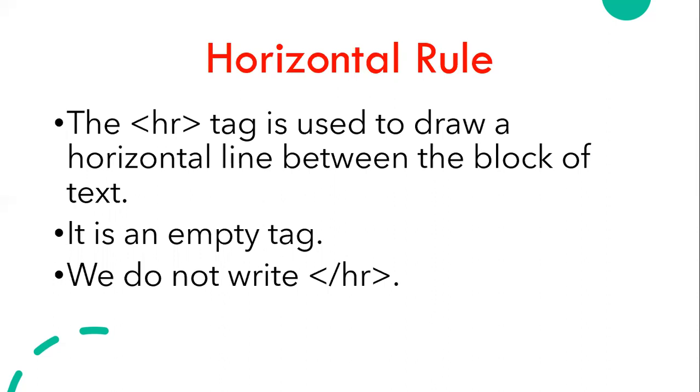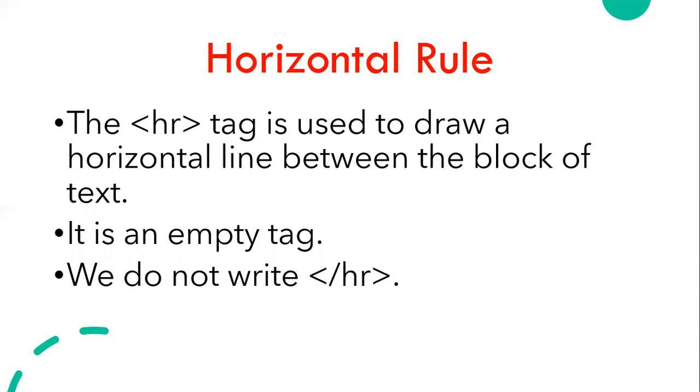As this tag is also an empty tag, it does not require any closing tag. What is the use of horizontal rule? It is used to draw a horizontal line between blocks of text.